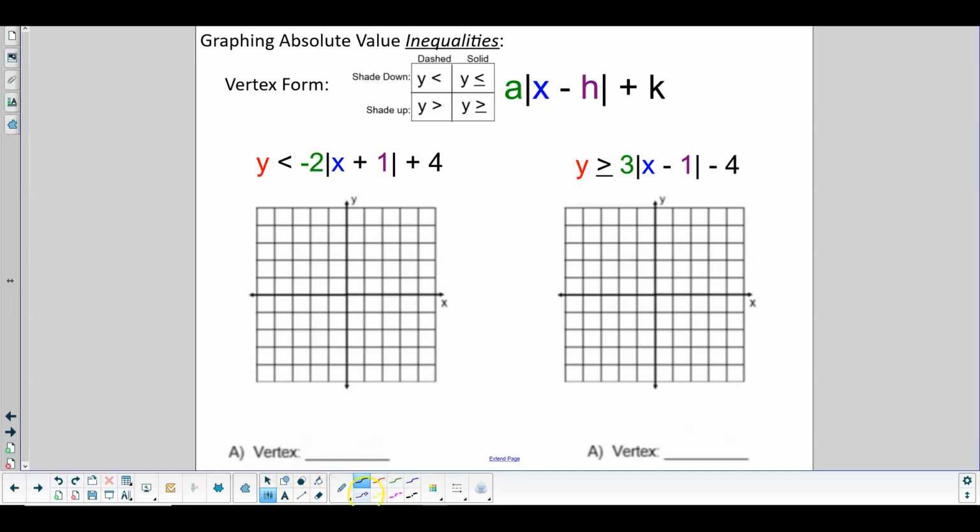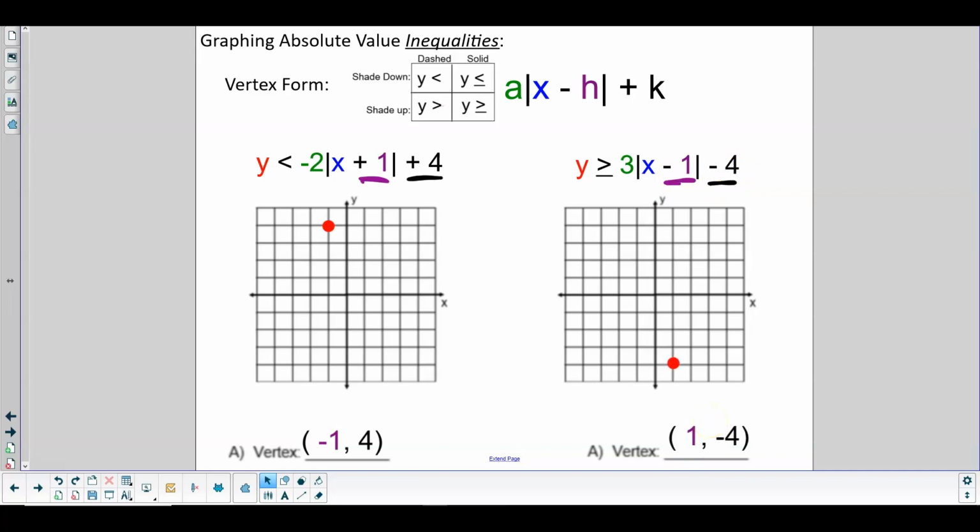So first thing is check your coordinate for your vertices. So we got these numbers here. Notice I'm starting off with the vertex every single time. So if you have -1 instead of +1, and then keep the 4. Over here, we're going to have a +1 instead of -1, and then keep the -4.